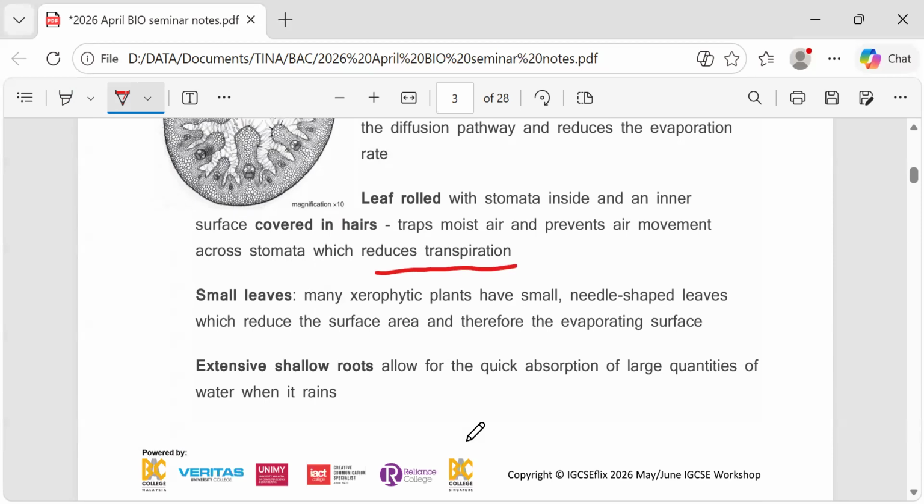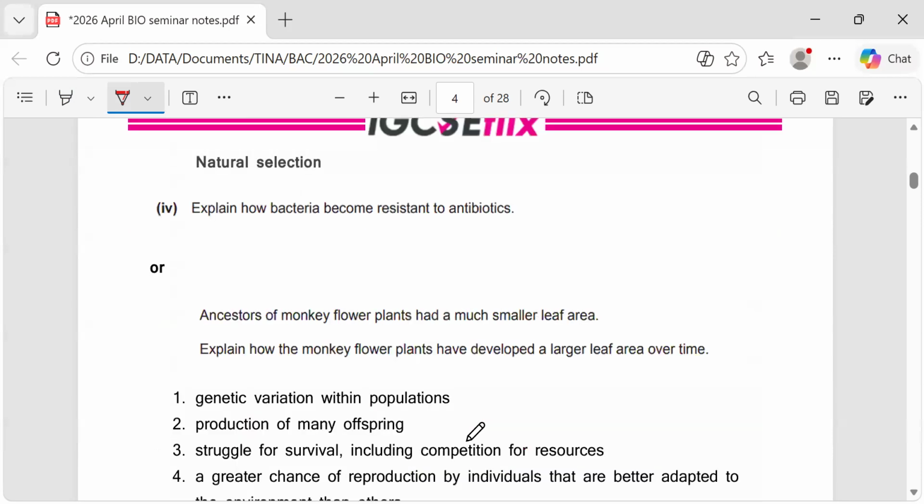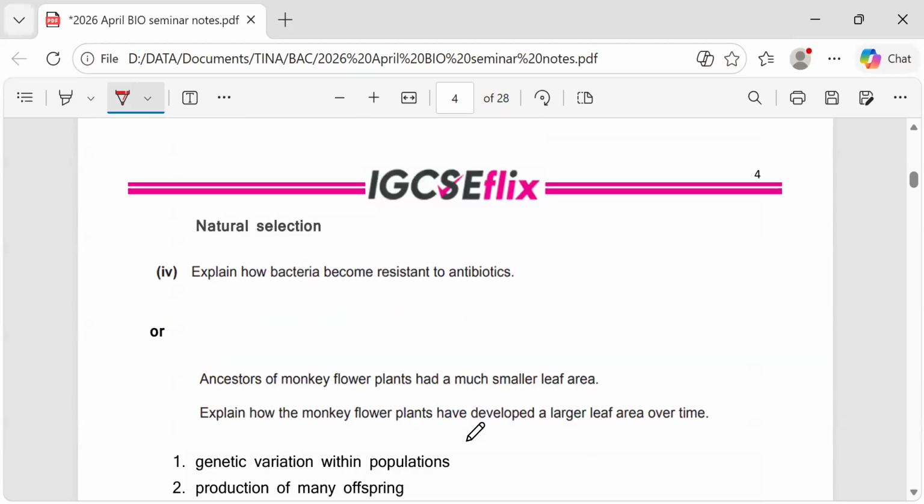Okay? Read these two questions and tell me whether they are the same. Read it, read it. Is it the same? Explain how bacteria become resistant to antibiotics.